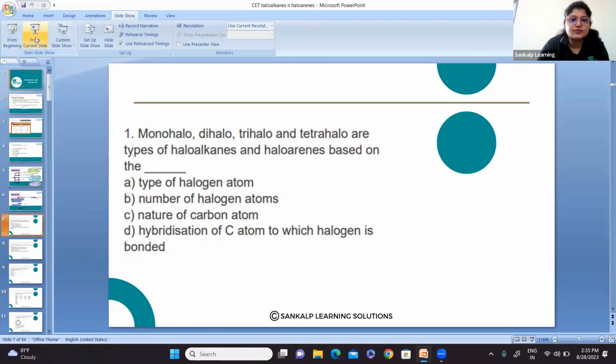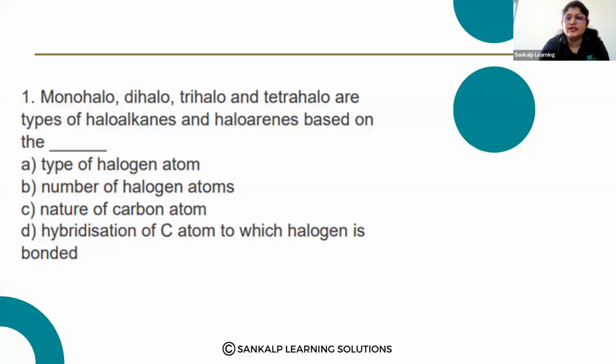The first question: monohalo, dihalo, trihalo, and tetrahalo are types of haloalkanes and haloarenes based on: A, type of halogen atom; B, number of halogen atoms; C, nature of carbon atom; D, hybridization of the carbon atom to which the halogen is bonded.